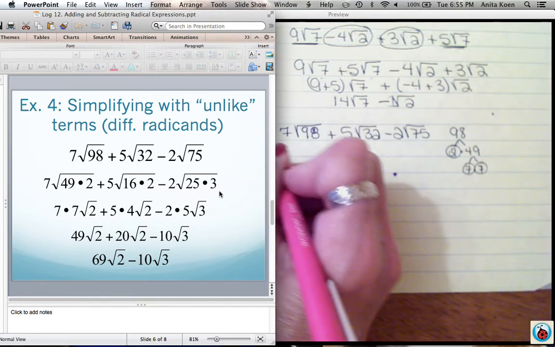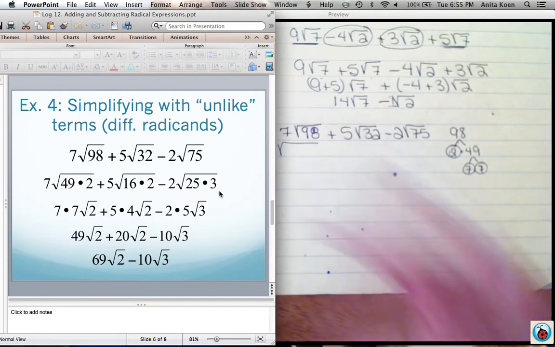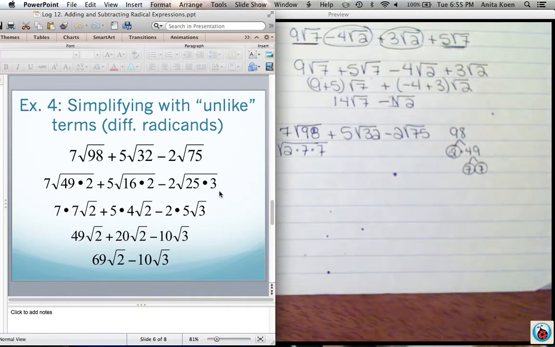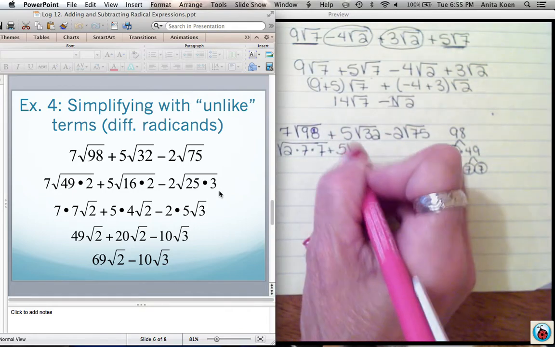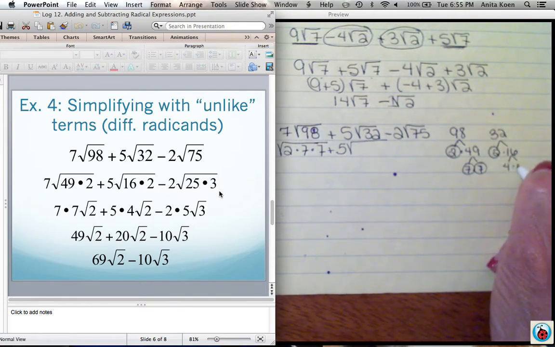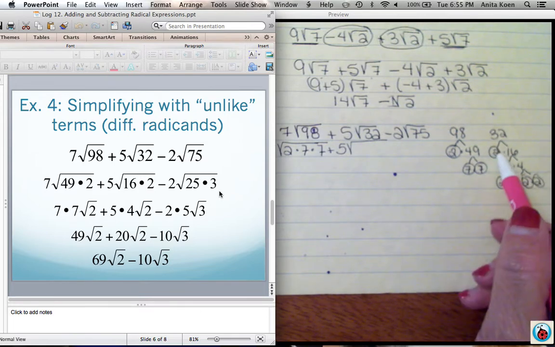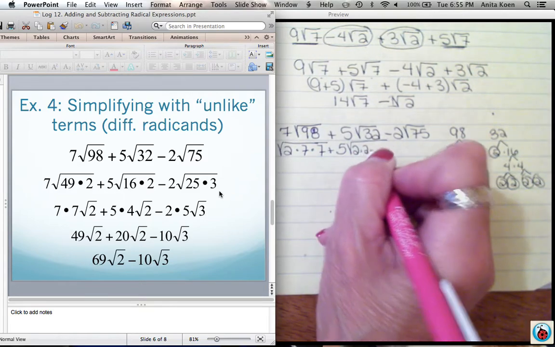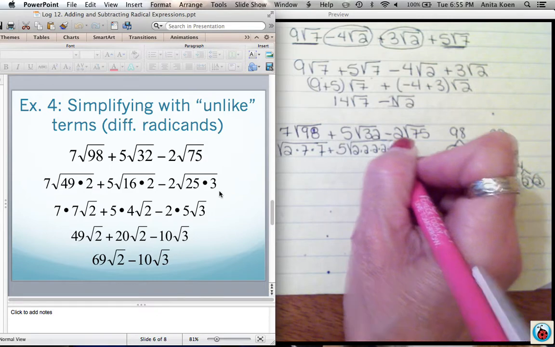So this is 7 on the outside times the square root of 2 times 7 times 7 on the inside, plus 5 on the outside, and then over here I'm going to do 32. 32 is 2 times 16. 2 is prime. 16 is 4 times 4, and 4 is 2 times 2, and 2 is prime. So I have 1, 2, 3, 4, 5 2's.